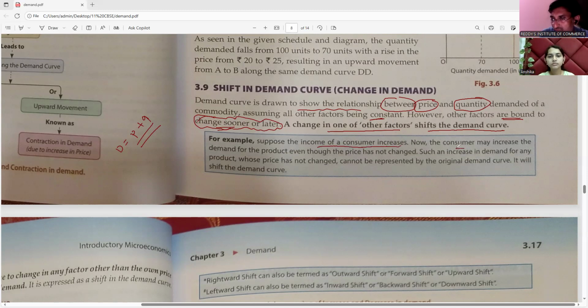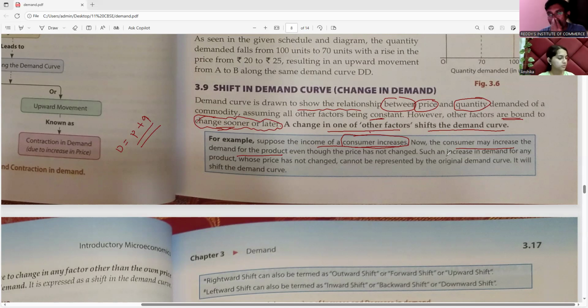Now the consumer may increase the demand for the product. Which factor? The consumer income factor is changed, and everything else was constant. Only the other factor is changed in this situation.